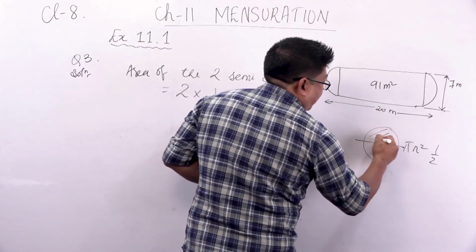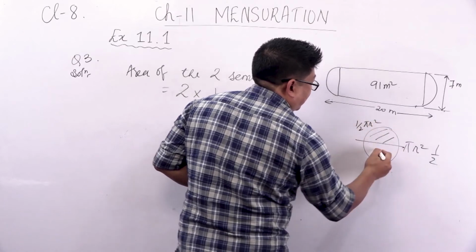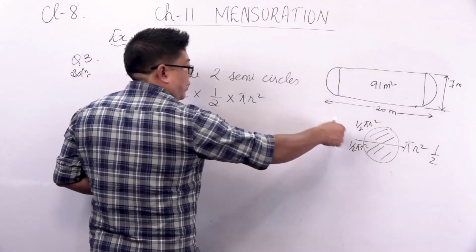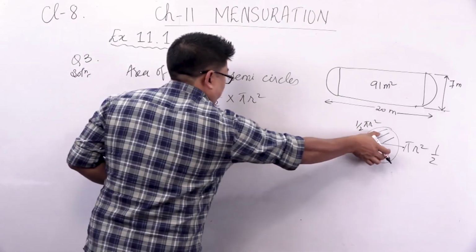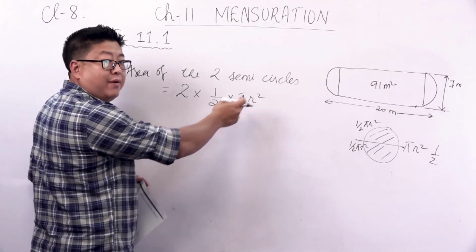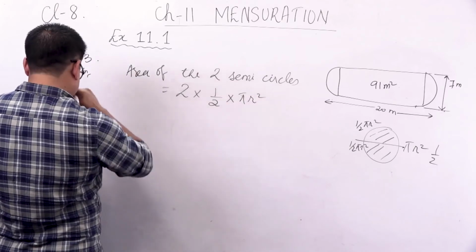For one semicircle, it will be half pi r square. For the other also, it will be half pi r square. So when you have two semicircles, we will multiply 2 into half pi r square. Okay, children?